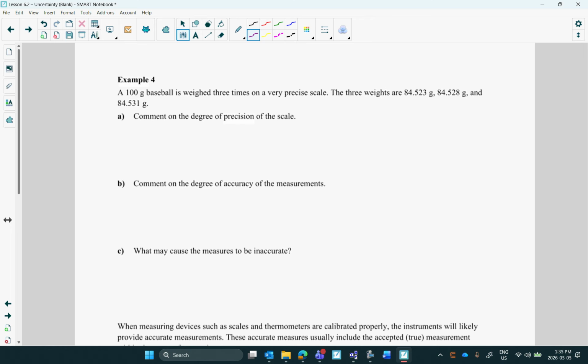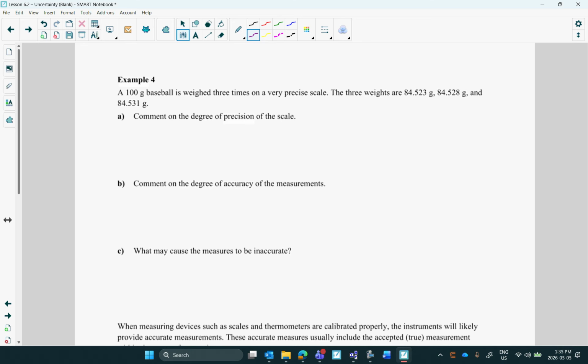We're going to weigh it 3 times to see if we're accurate, to see if we're precise. And when we weigh it the 3 times, we get 84.523, 84.528, 84.531. Is this measurement device, is this scale precise?